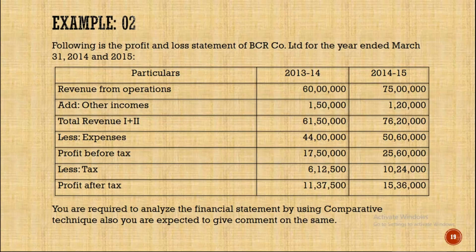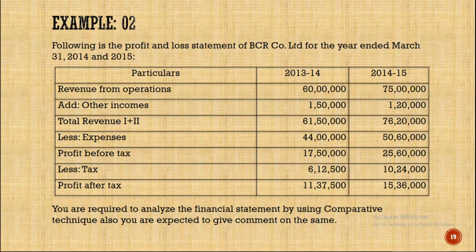Following is the profit and loss statement of BCR Company Limited for the year ended March 31st, 2014 and 2015. That means here again, we are going to see the data for 2 years, 2013-14 and 2014-15. And this is a vertical income statement.